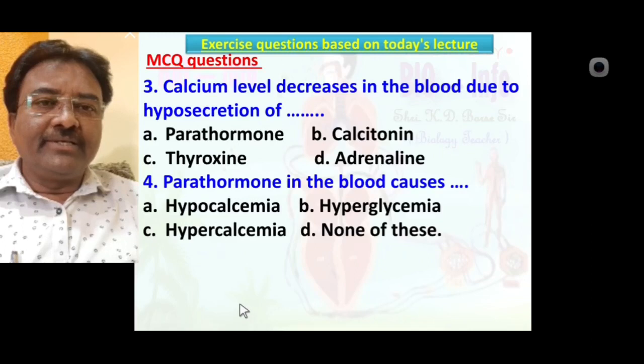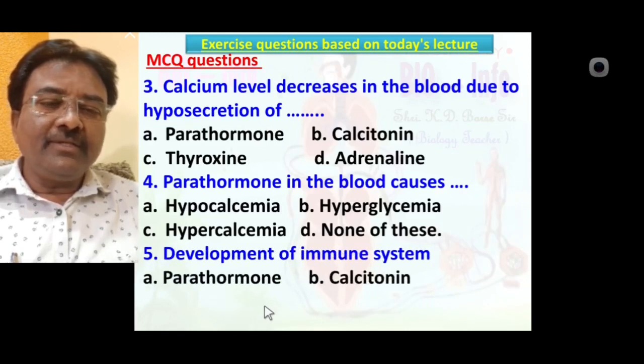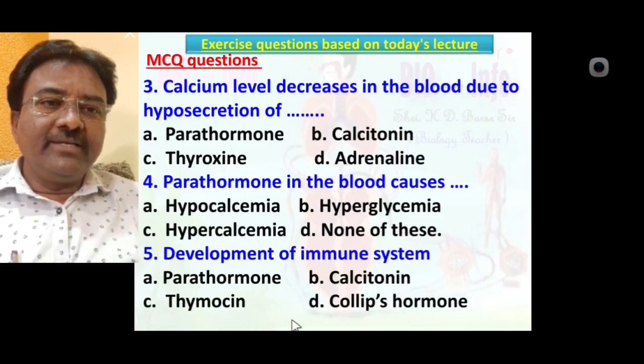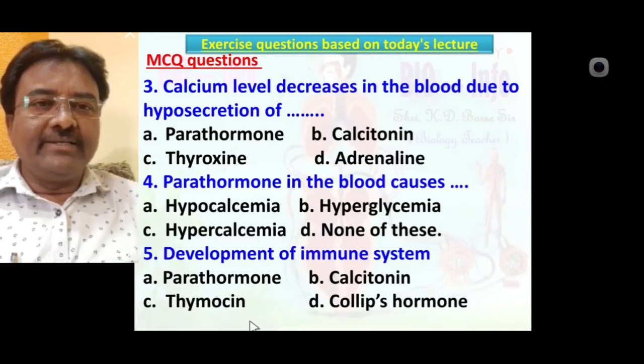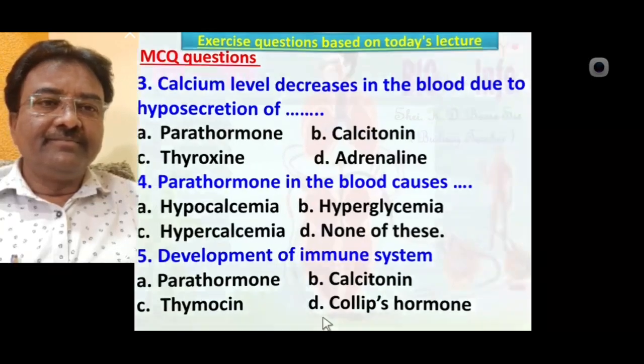So the correct option is C, hypercalcemia. Development of the immune system: parathormone, calcitonin, thymosin, or cortisol hormone. Yes, the correct answer is thymosin, which is responsible for development of the immune system.